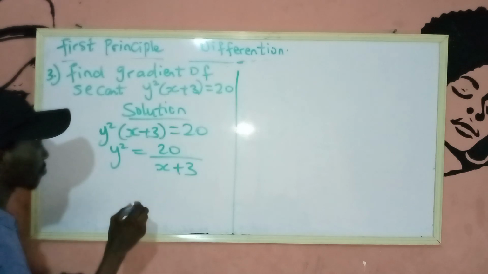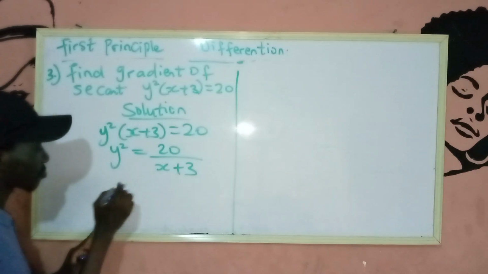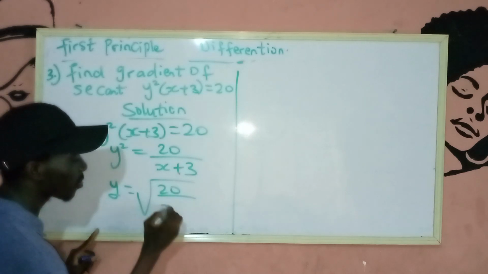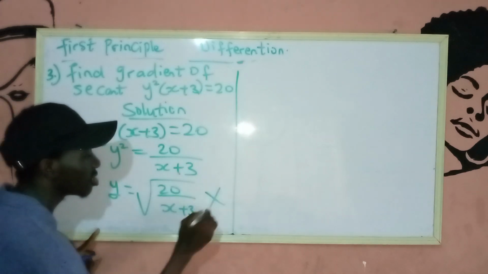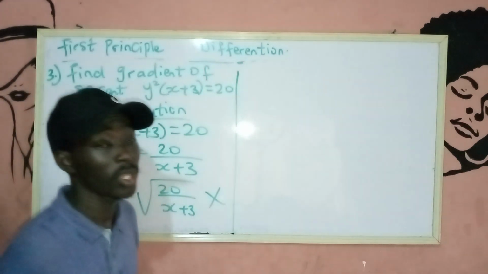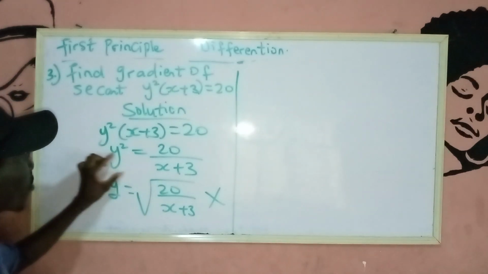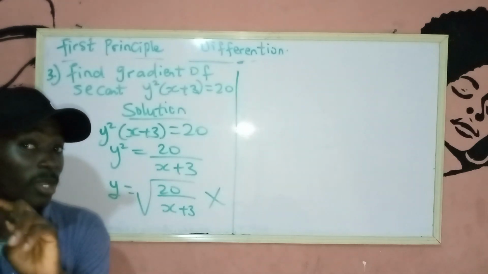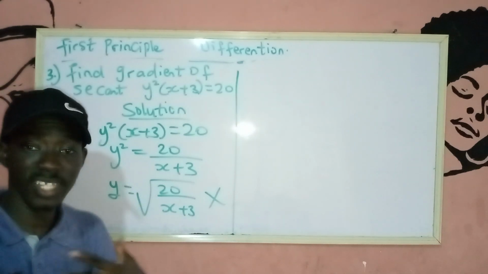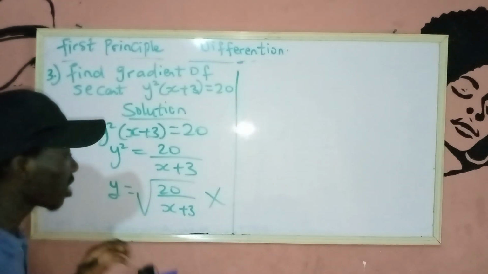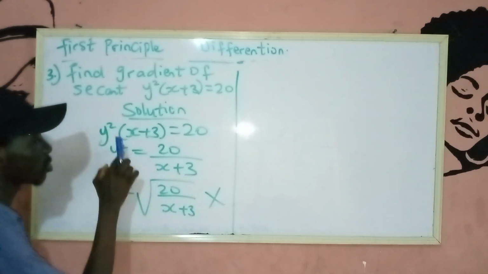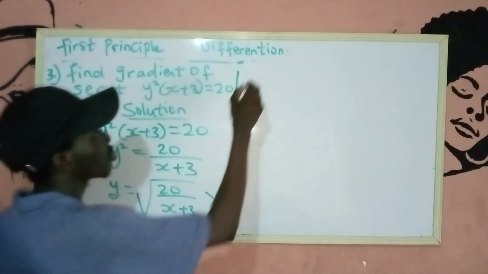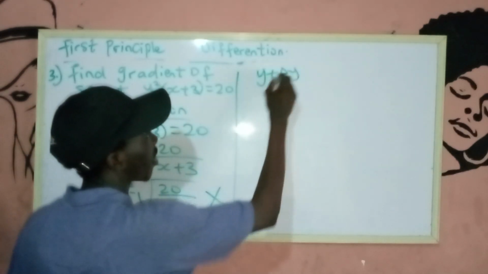If I say y is equals to the square root of 20 over (x plus 3), that is a long and wrong approach. You can't take the square root of this because this y squared means y has two values. It has a positive value and a negative value. So to avoid that mistake, this is a very wrong approach.